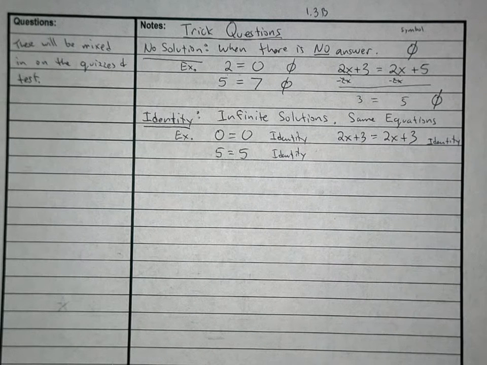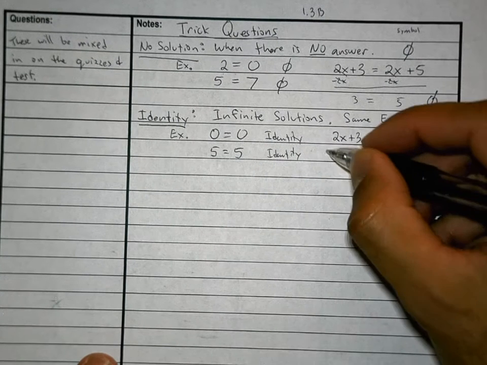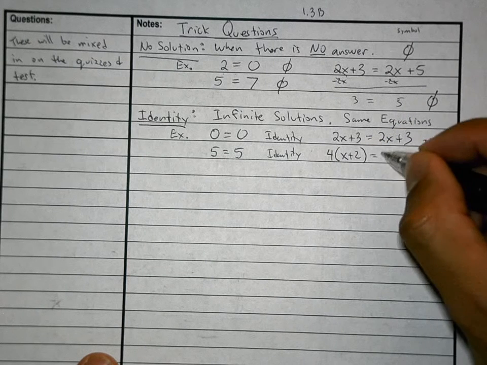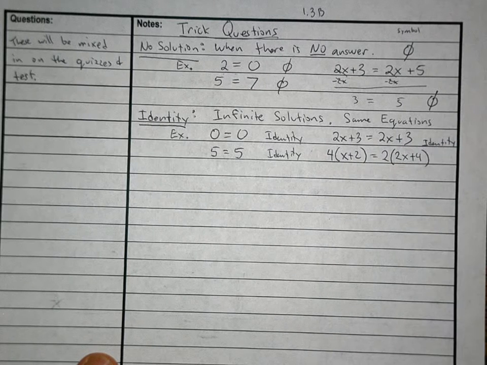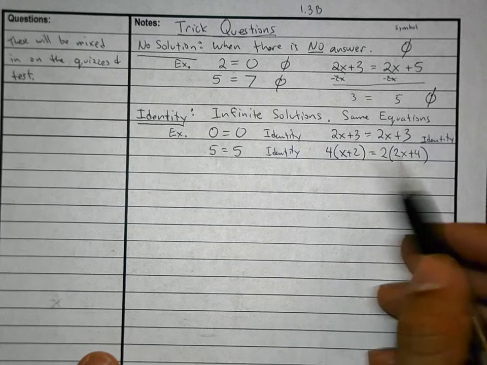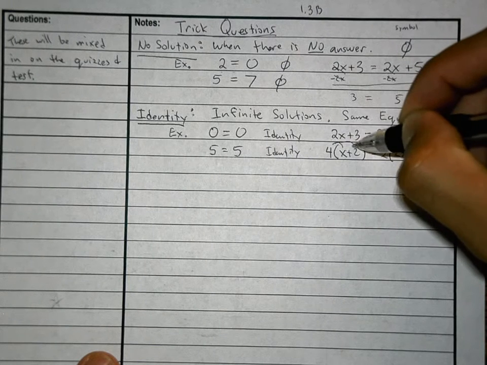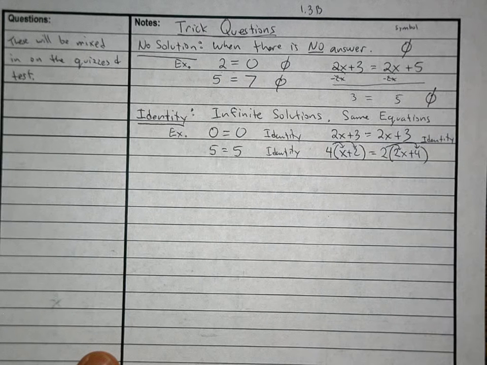A lot of times they're going to disguise that it is an identity. I'll give you one more example. 4 parenthesis x plus 2 equals 2 parenthesis 2x plus 4. You don't see it right away, but if you were to distribute to both of these things and distribute to both of these things, you might discover something.